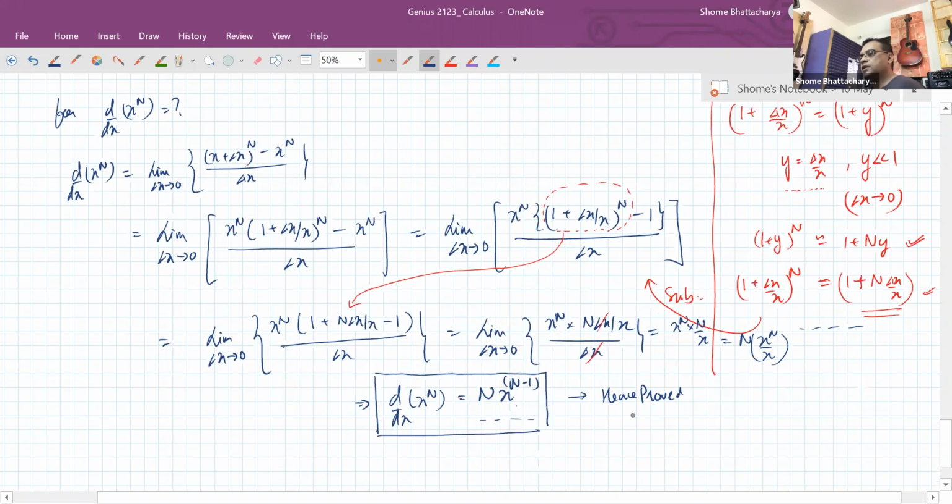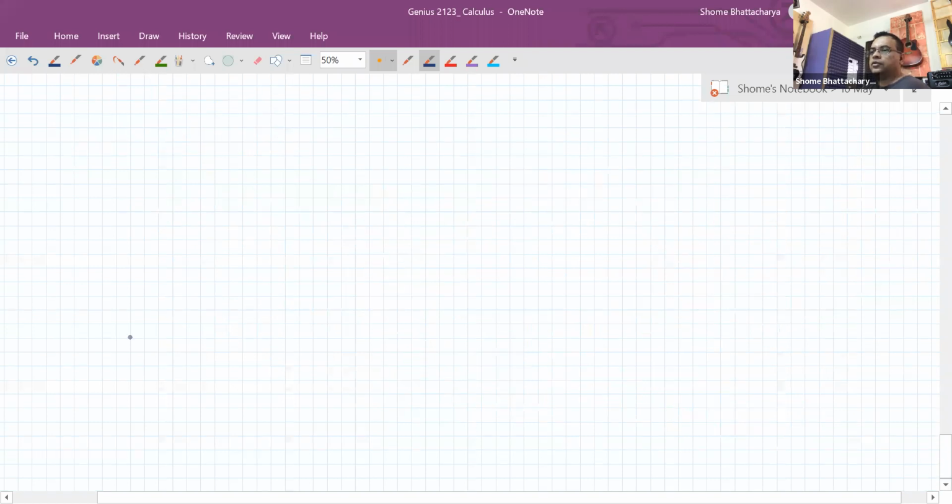So this is hence proved by the first principle method, or method of limit. Right, so this is clear now, right? Yes, sir. Okay.